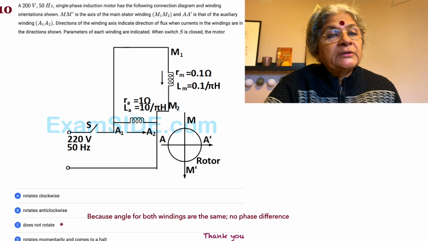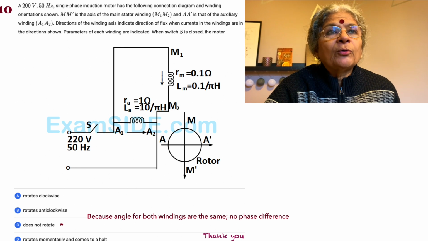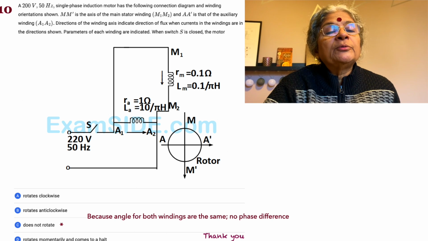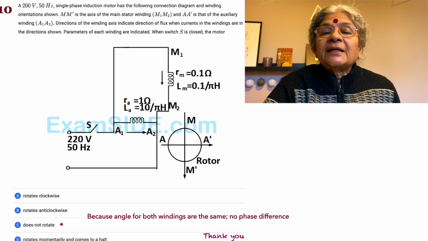So it seems both the angles are the same, so they will not have a phase difference. If they do not have a phase difference, you will not have a rotating field, you will not have rotation, because the forward torque will not be larger than the reversing torque.